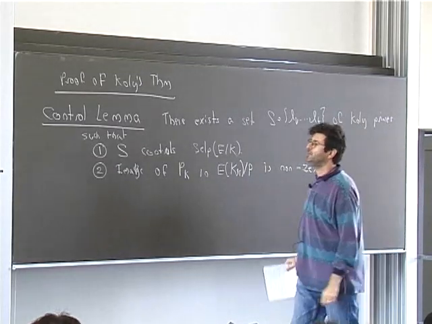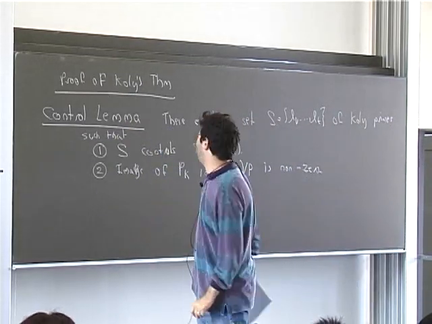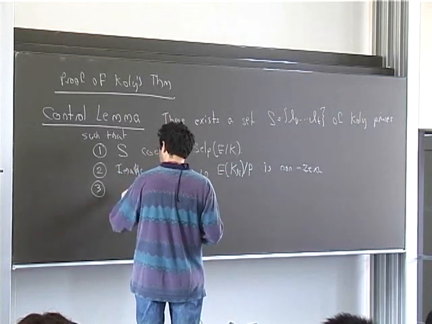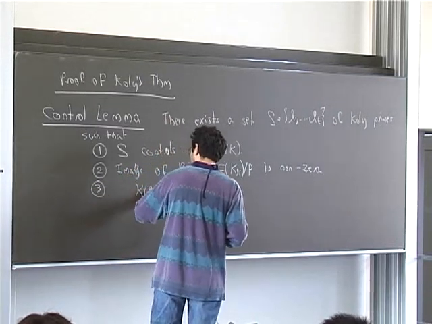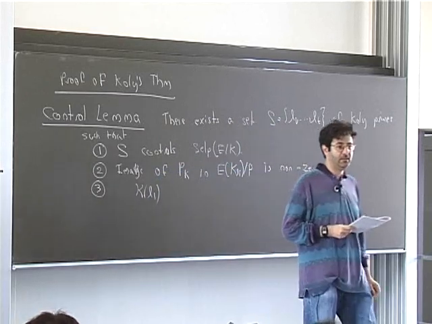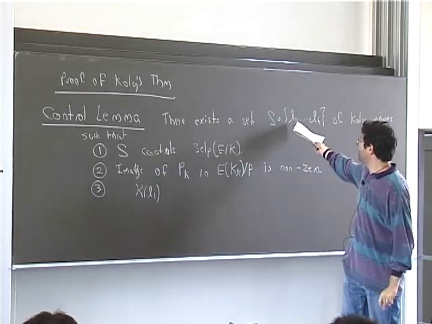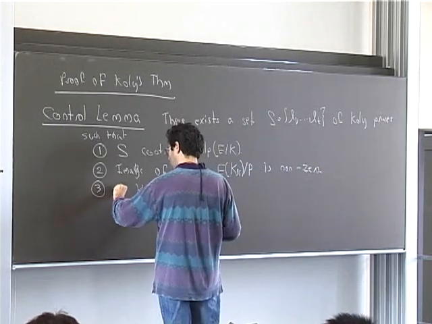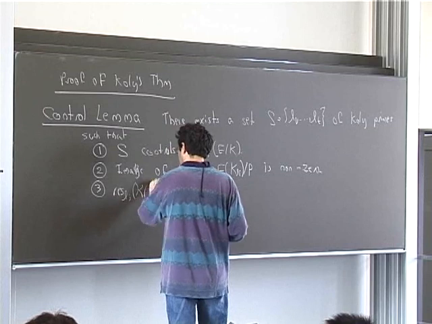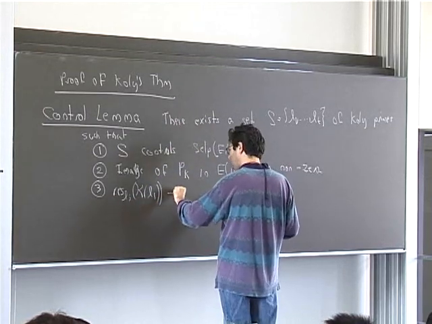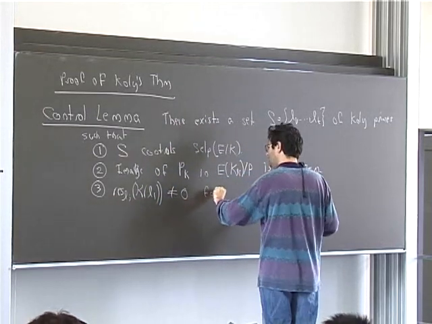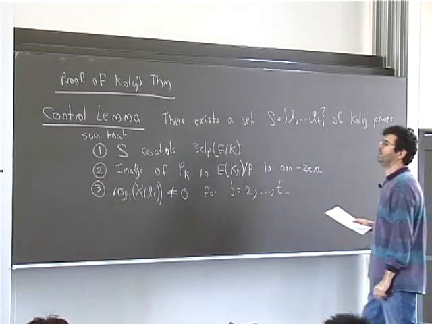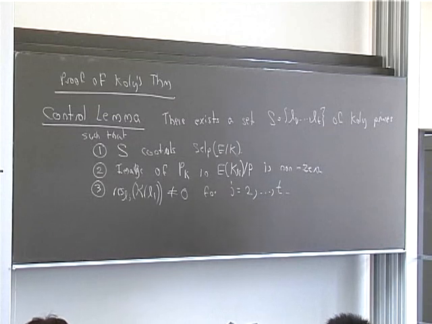And you can see why I would want a condition like that, given this theorem, right? And then the third is that if I look at the class kappa of L1, the class corresponding to the first prime in the set, and I look at the restriction at Lj of this class, this is not equal to 0 for j equals 2 up to t. So that's my control lemma.